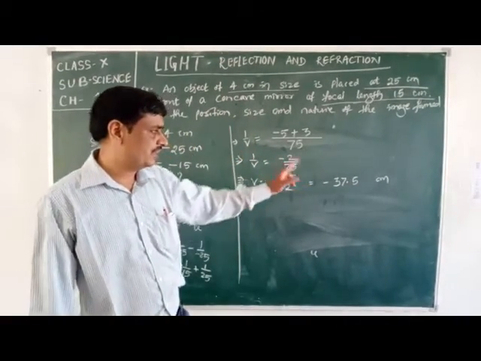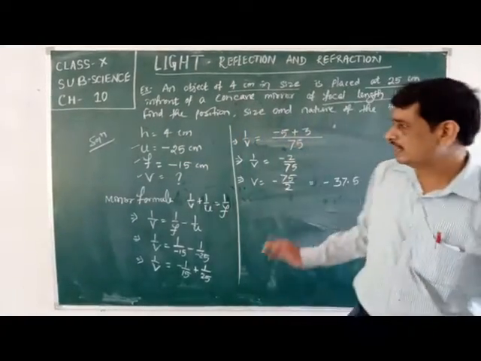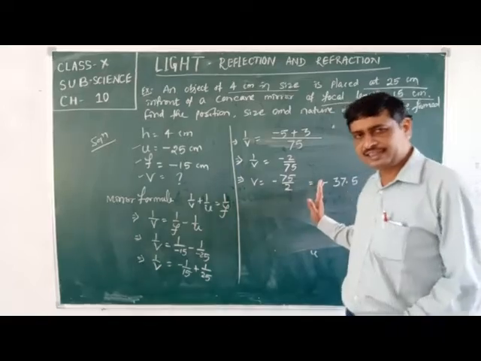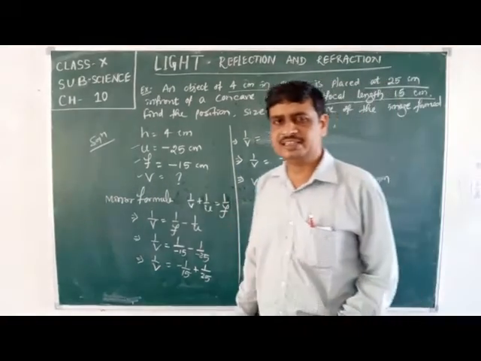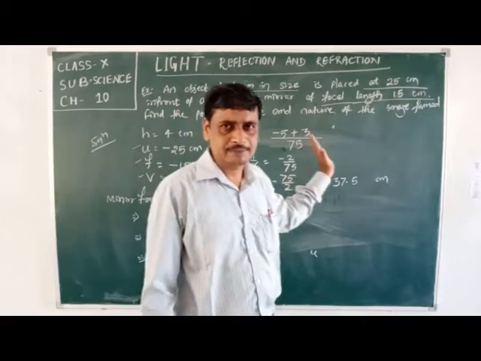In front of the concave mirror, because there is a minus sign. Since in the image distance a minus sign is there, the image must be present on the left side of the mirror, the same side as that of the object.